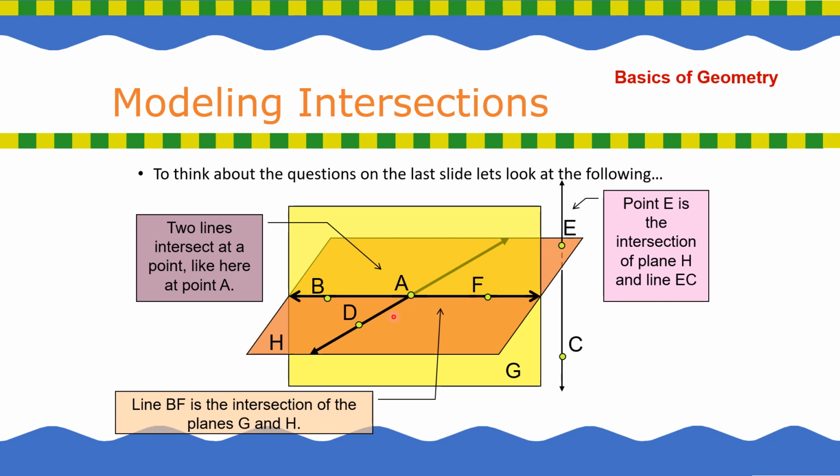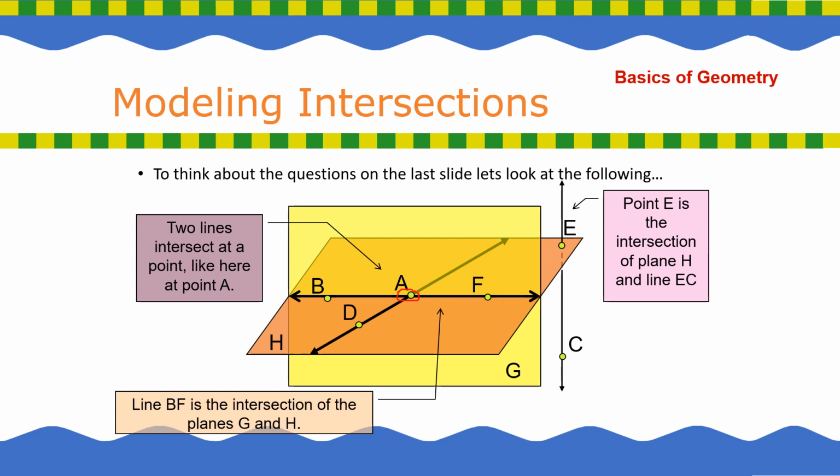As you can see here, we have two lines that intersect at point A. Then line BF is the intersection of plane GF.